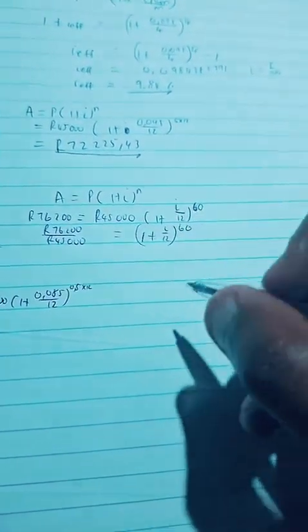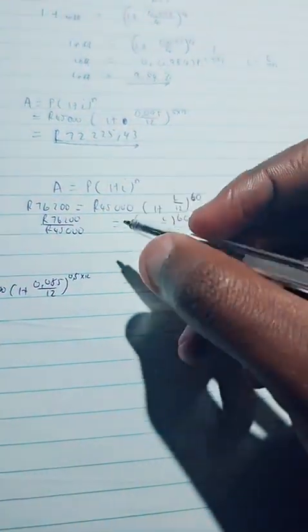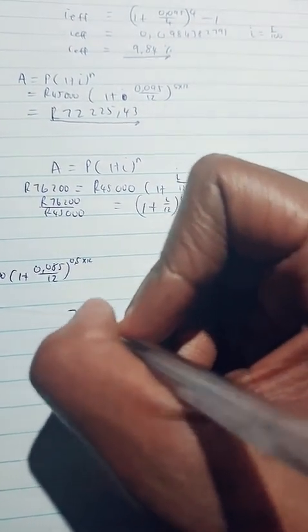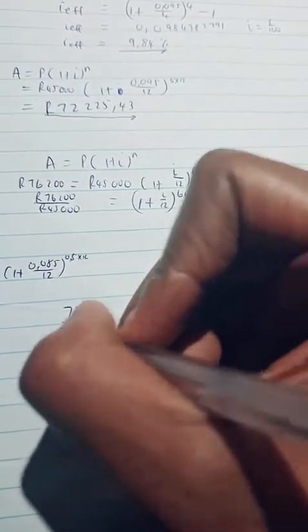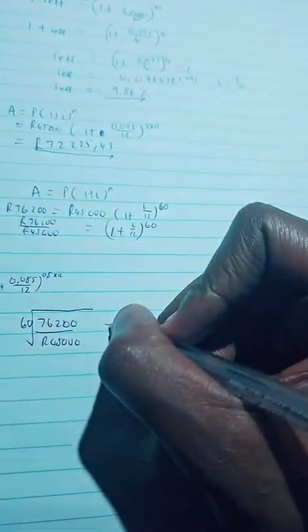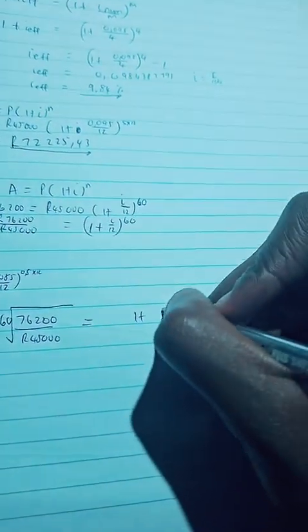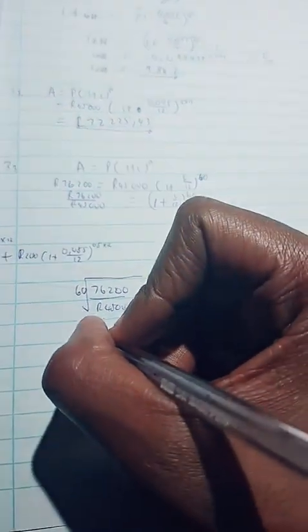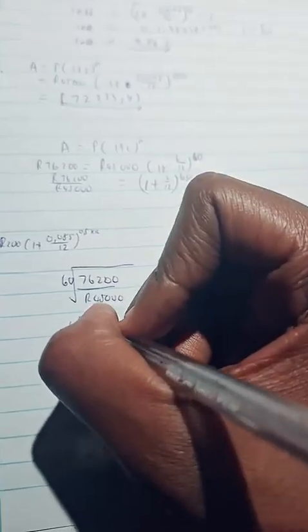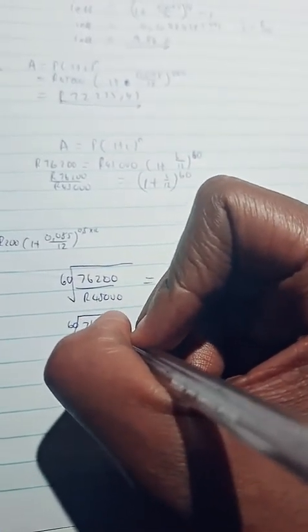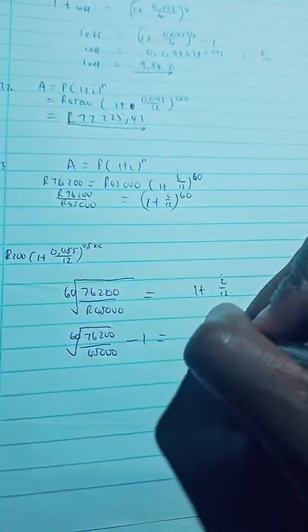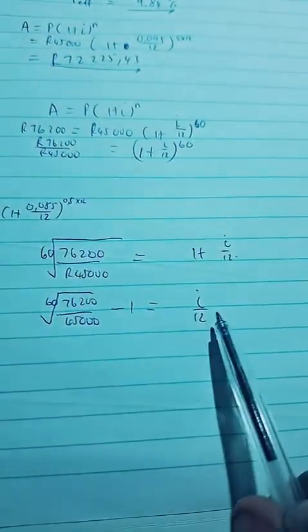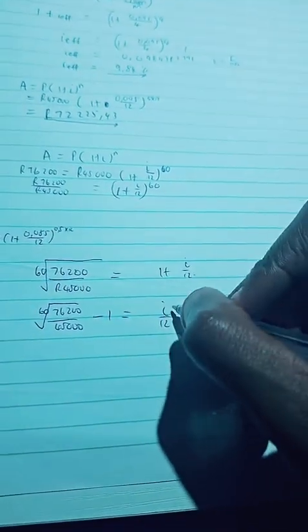Then we take the 60th root on both sides, so that leaves 1 plus i over 12. Then we transpose the 1, and then we multiply both sides by 12.